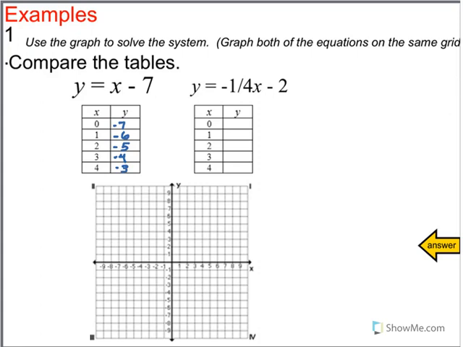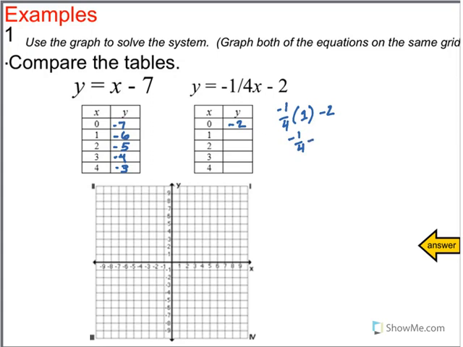I want to look at my next table. My first point would be -2, because -1/4 times 0 is 0, and 0 minus 2 is -2. For my next point, I would take -1/4, multiply it by 1, and subtract 2. Well, -1/4 times 1 is -1/4, minus 2.